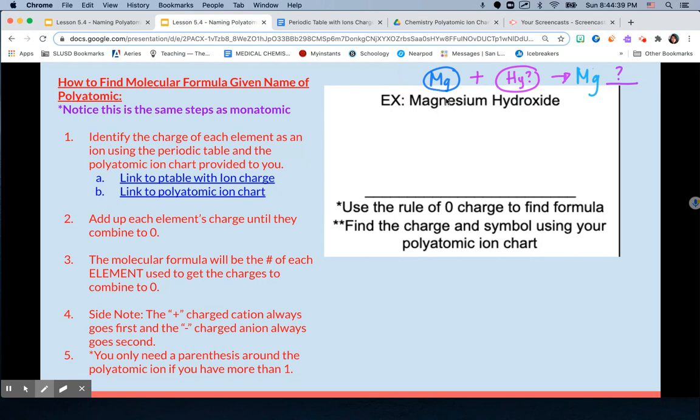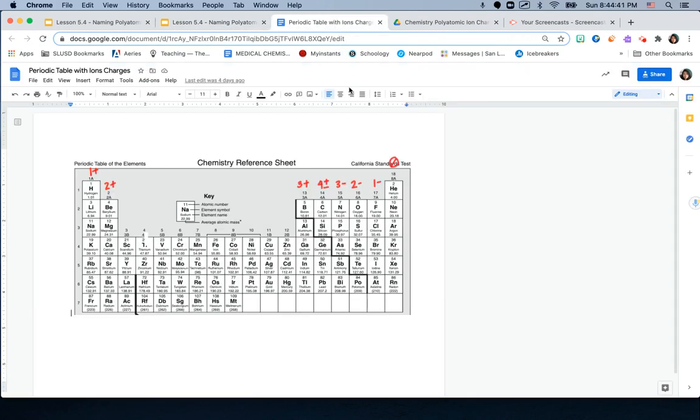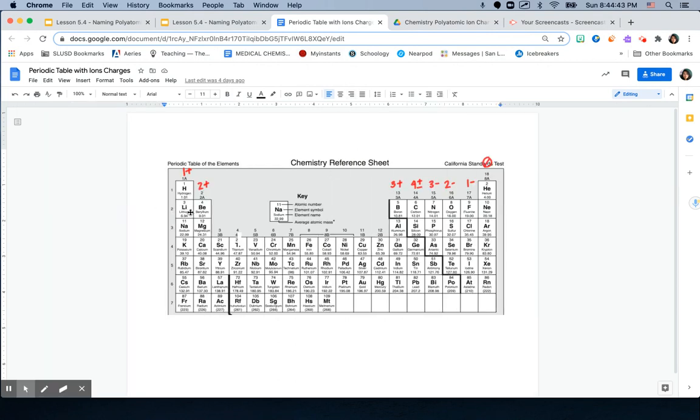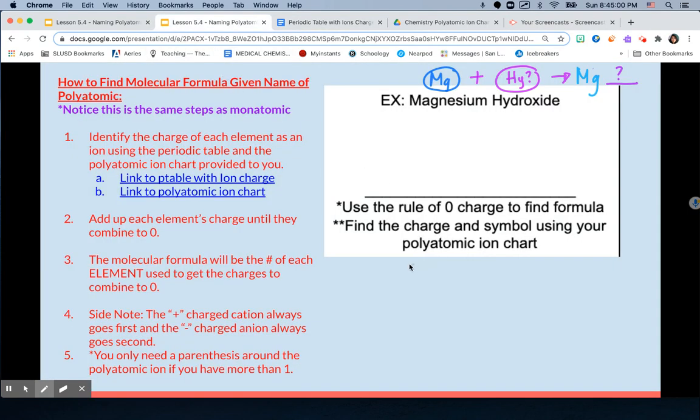If I look up magnesium on my periodic table, magnesium is here, and it has a charge of 2 plus, right? So in step 1, Mg has a charge of 2 plus.